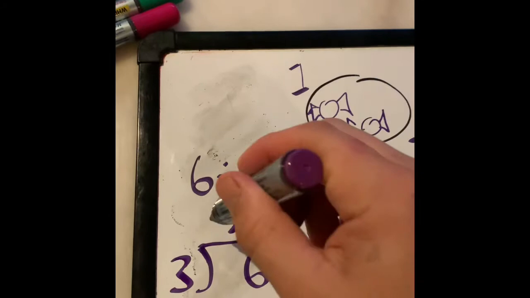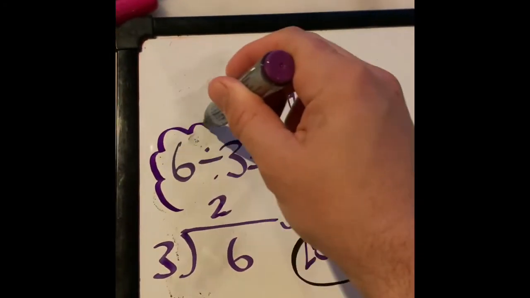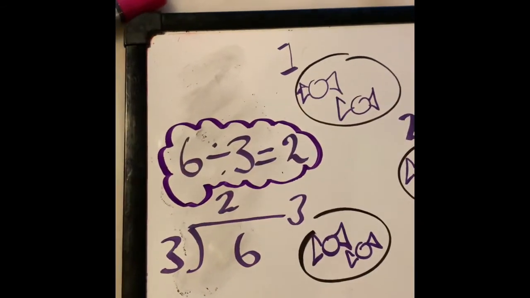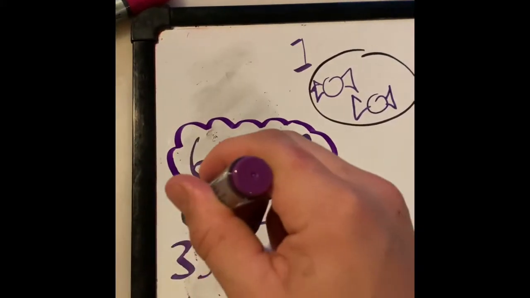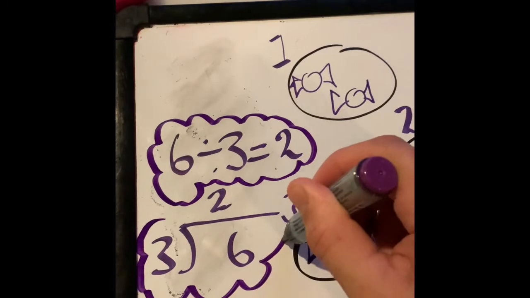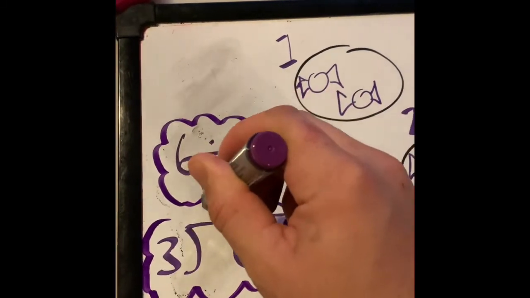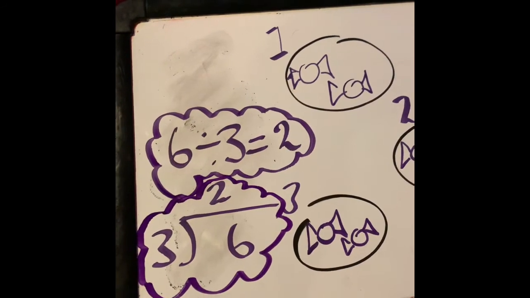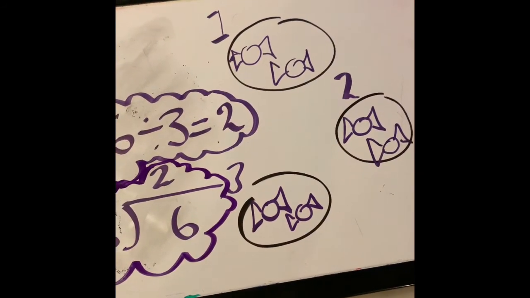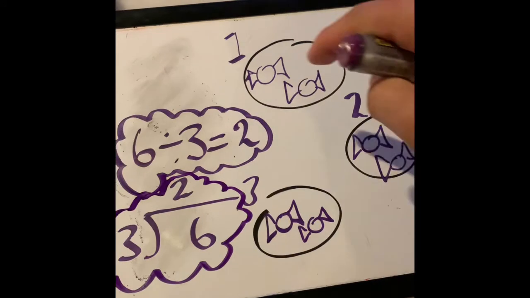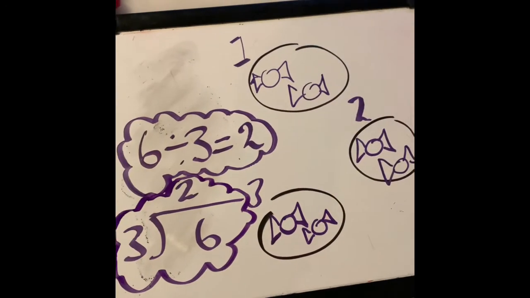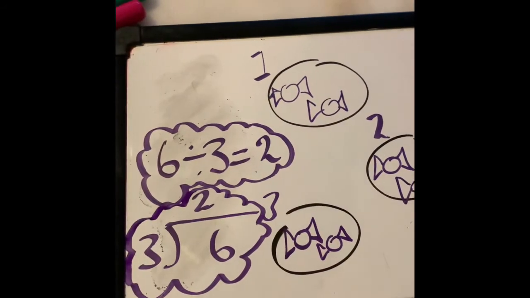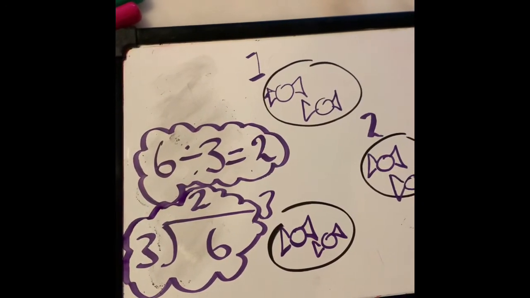So it's up to you to write your equations to look like this, or to write your equations to look like this. But ultimately they mean the same thing. 6 lollies divided by 1, 2, 3 different people, and they all have 2 each. So 6 divided by 3 equals 2.